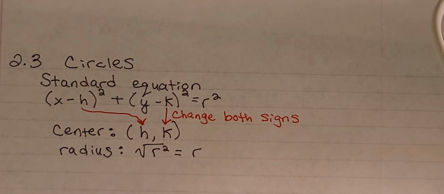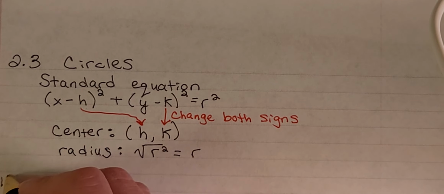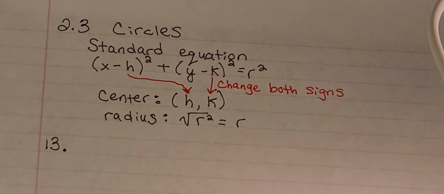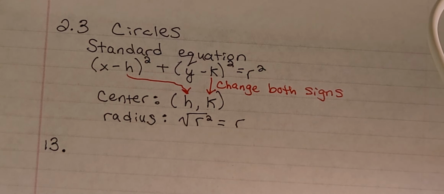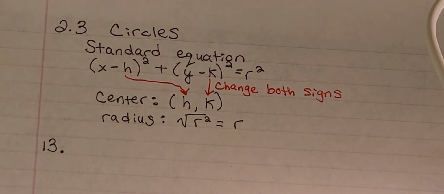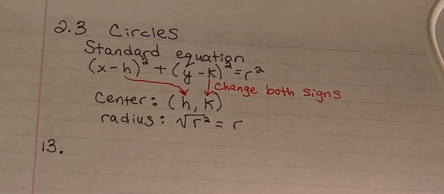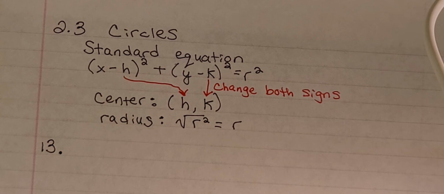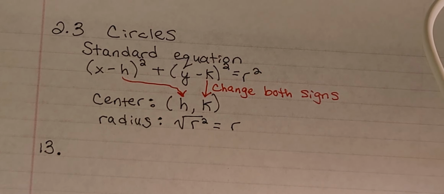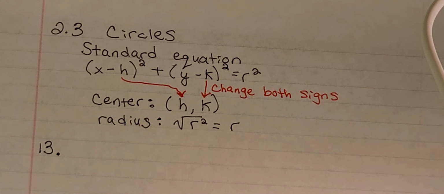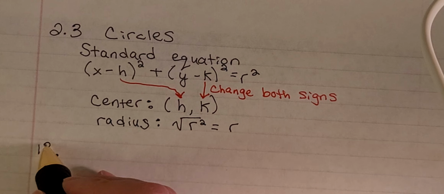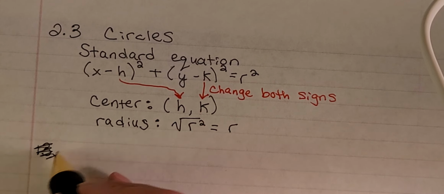All right, we're going to do question number 13. Write the standard form of the equation and the general form of the equation of the circle with radius r and center h comma k by hand and graph each circle. Well, I guess before we do 13, we need to go over the general equation.